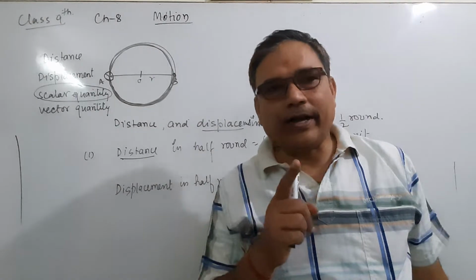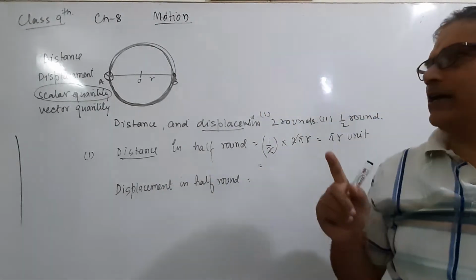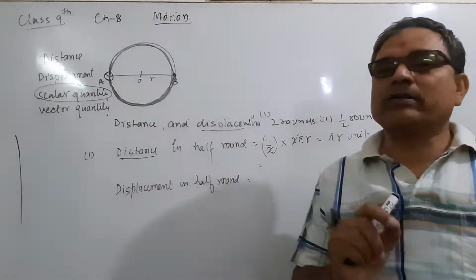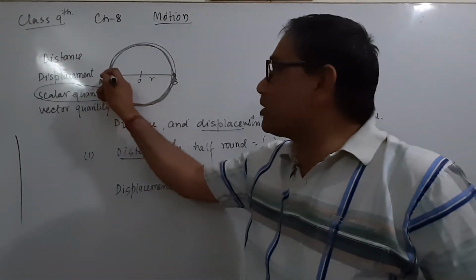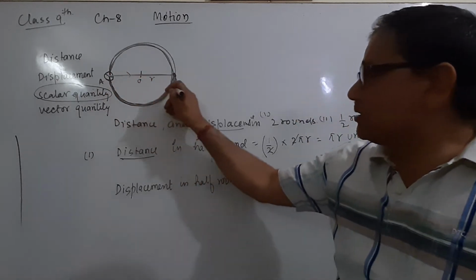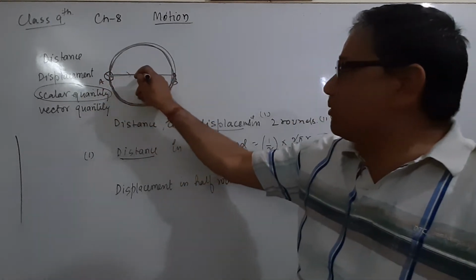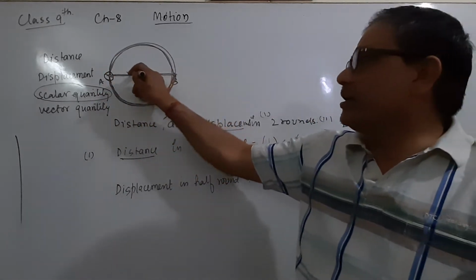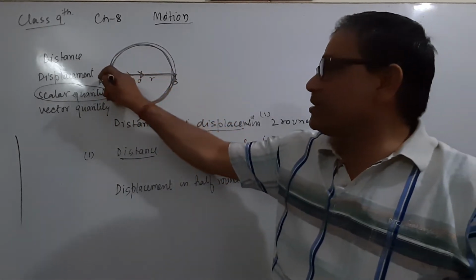The initial point is A and the final point where I have to reach is B. So that means the shortest path. It indicates the direction, the shortest path between A and B.